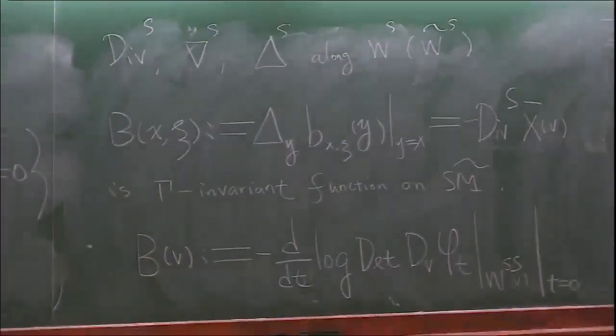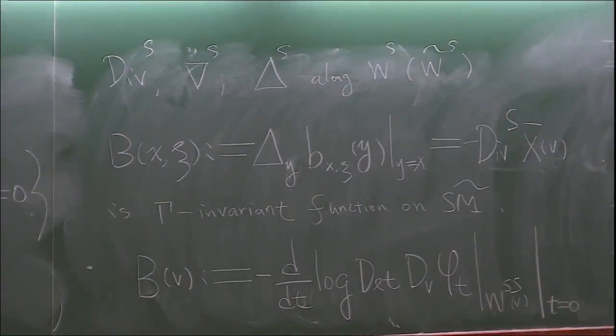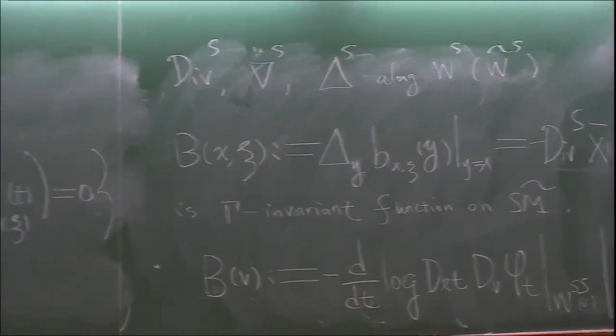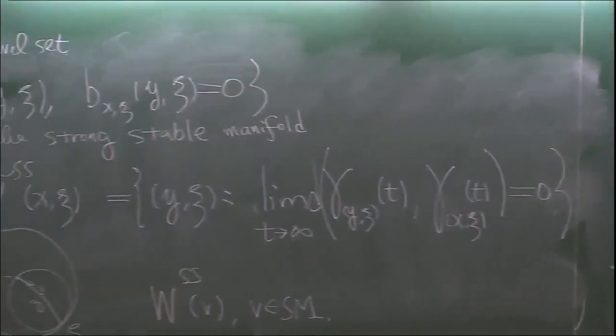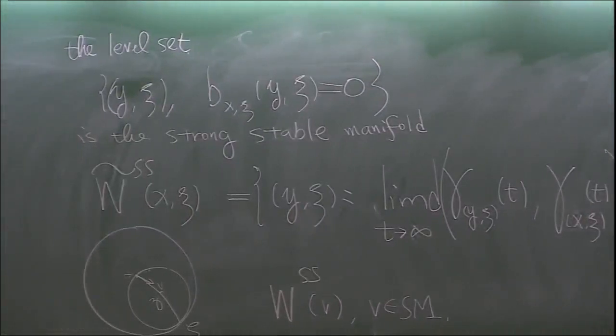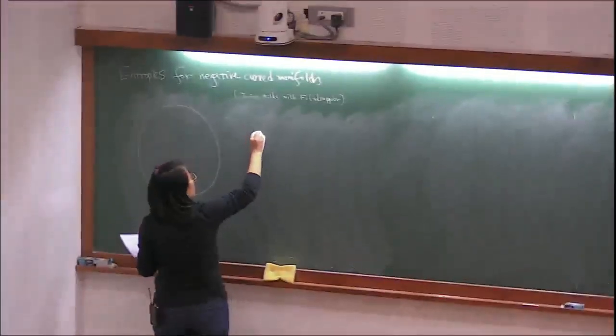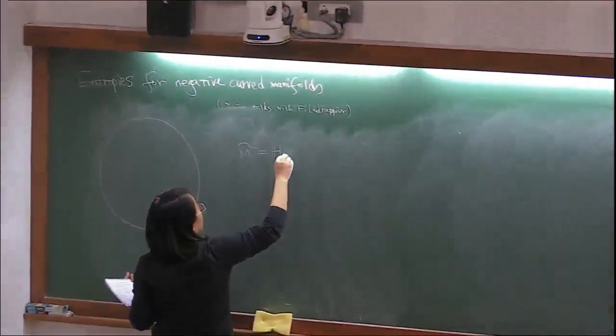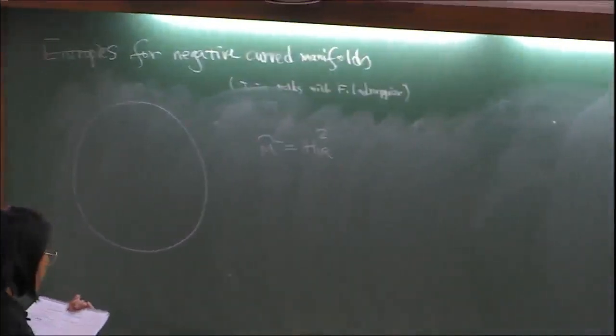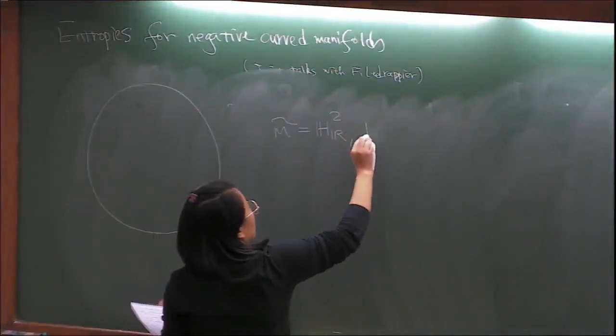And also, it's helpful to have this basic example in your mind. So you can try to see all these notions that I mentioned using this hyperbolic model, or this M equals to dimension 2 and K equals to minus 1.